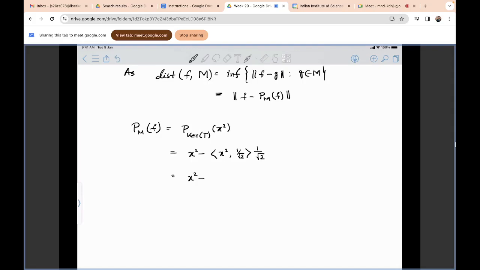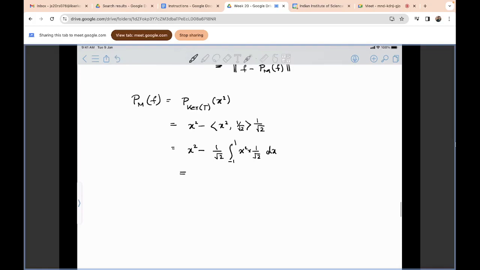That is the integral from minus 1 to 1 of x square times 1 by root 2 dx. The integral of x square is x cube by 3, which gives 2 by 3. So we get x square minus 1 by 3. This is the projection of x square onto kernel of T, or M.